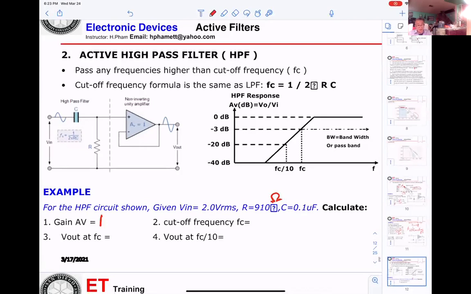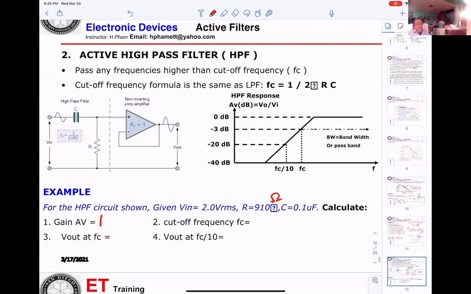You understand the low pass and the high pass are the same thing, just opposite. Why do we need the op amp if the gain is 1? You can use inverting, you can use non-inverting, you can use follower. It doesn't matter. The only difference will be the gain.